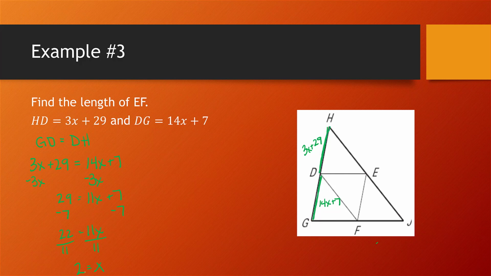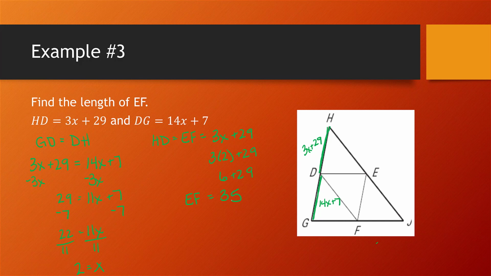So what you can do is take your x value and plug it into either one, HD or DG. It does not matter. You will get the same answer for both. So HD equals EF, which would be 3x plus 29. Plug in 2 for x. EF equals 35.